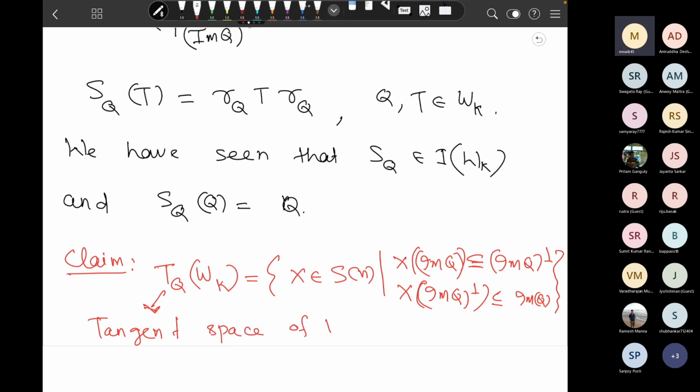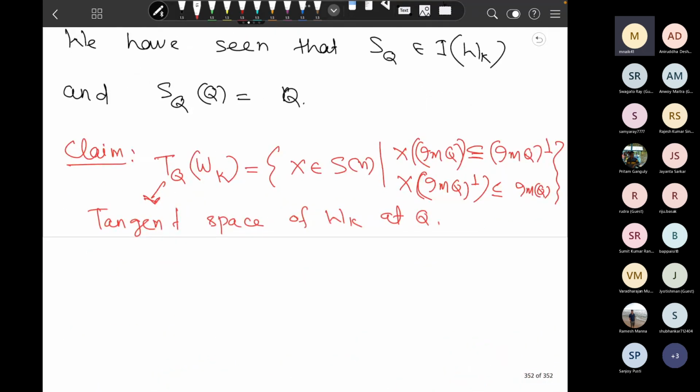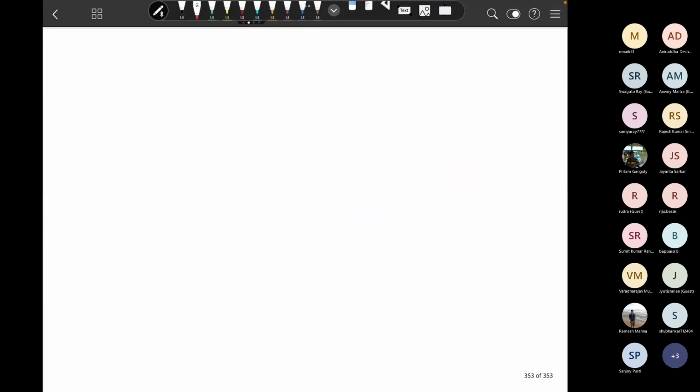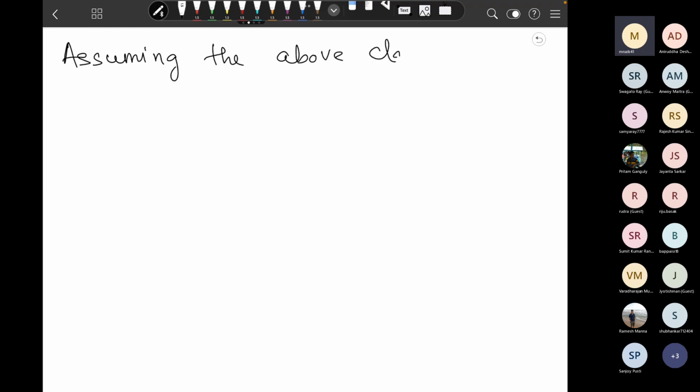So first we will assume this claim, and assuming this claim, we will prove that dS_Q at Q is equal to minus identity. Assuming the above claim we will show that dS_Q at Q is equal to minus identity.